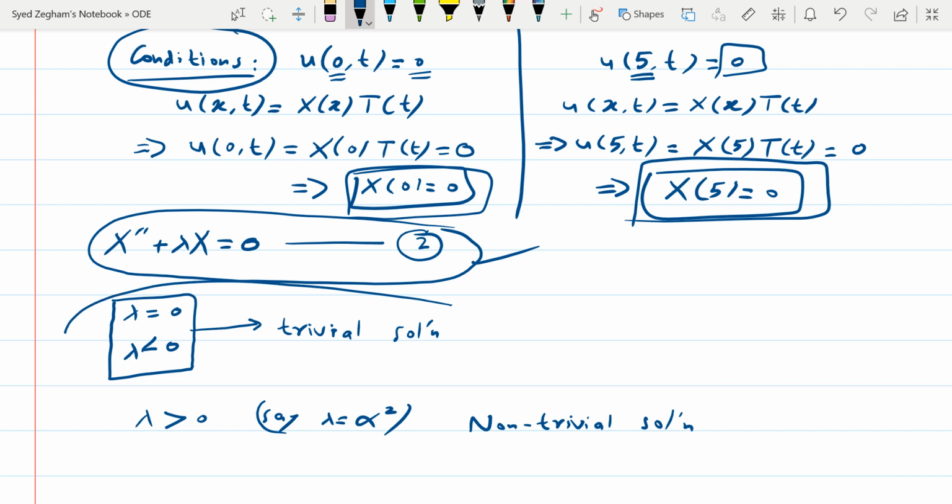So these 2 cases we will not consider. We will consider the lambda greater than 0 case, where we are getting a non-trivial solution.